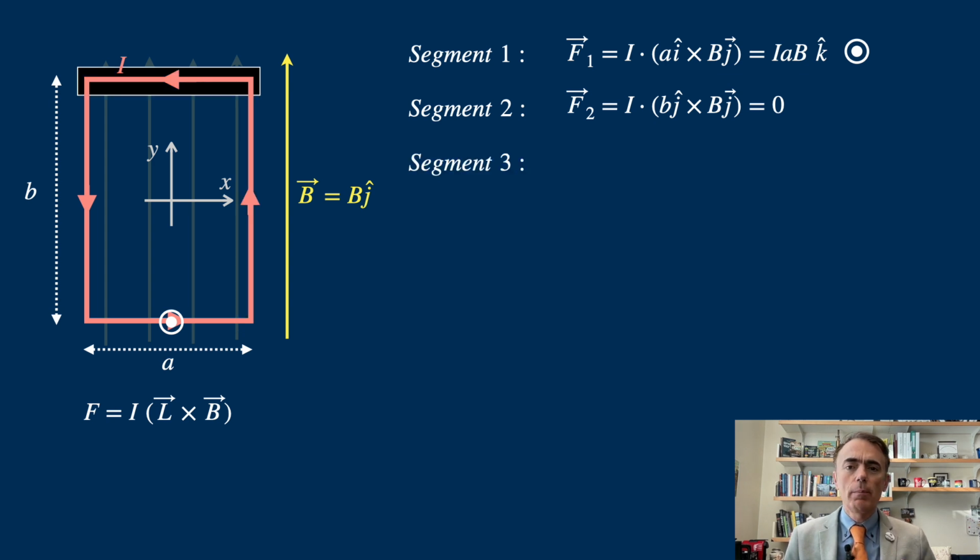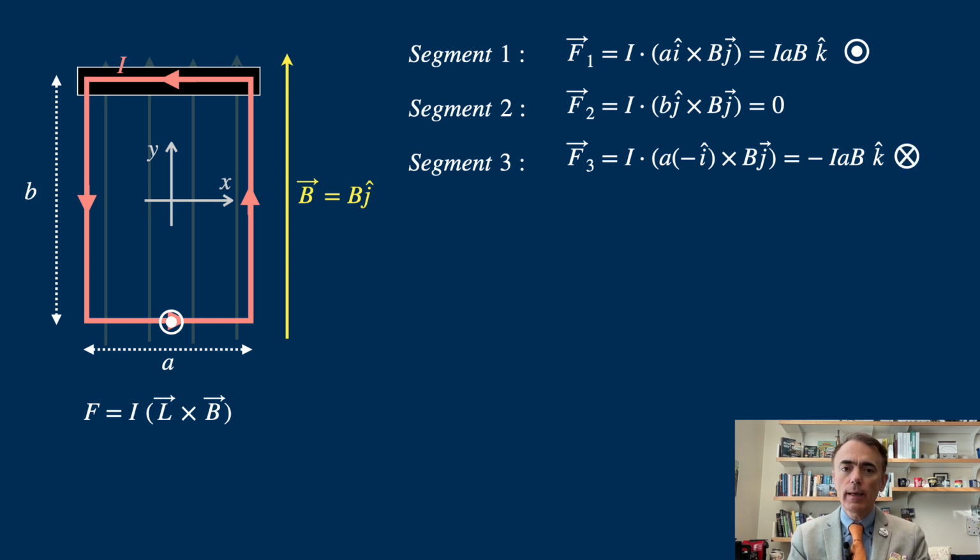Segment 3 is along the minus x-axis from a over 2 to minus a over 2. Length a directed along the minus i hat with current I. F3 is equal to minus I a B k hat, which is the same as minus F1.